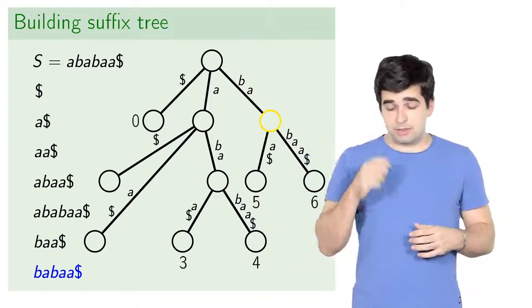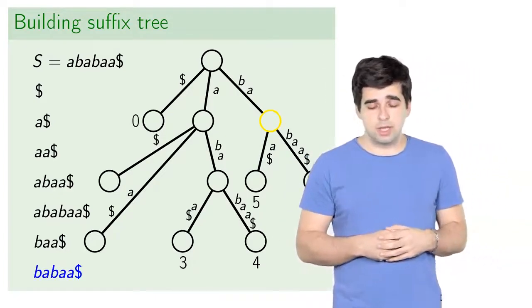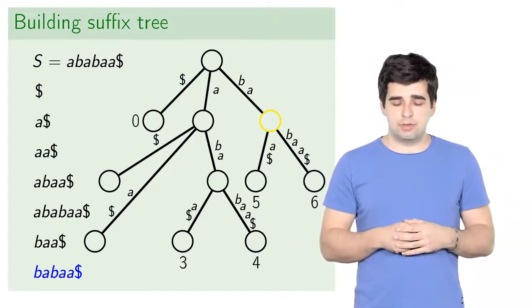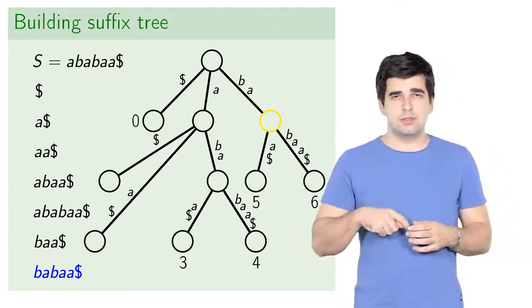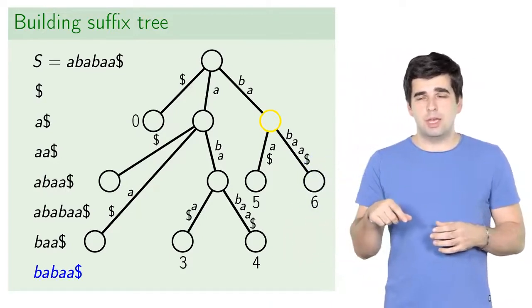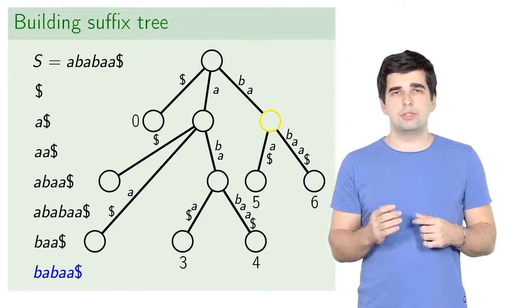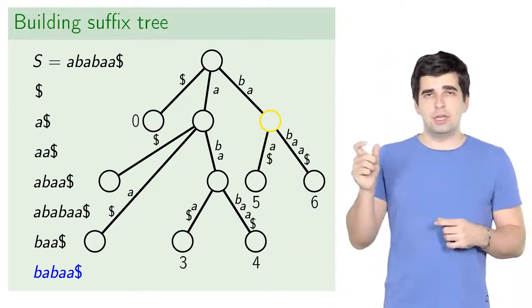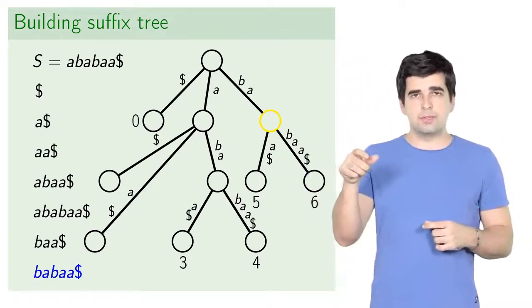How do we implement this creation of new nodes and subdividing of edges? The following way: when we build an edge to the leaf for some suffix, we go and sit in that leaf node. And when we consider the next suffix, we go up from that node using the pointer to the parent node in the tree until we are high enough so that the longest common prefix is below us.